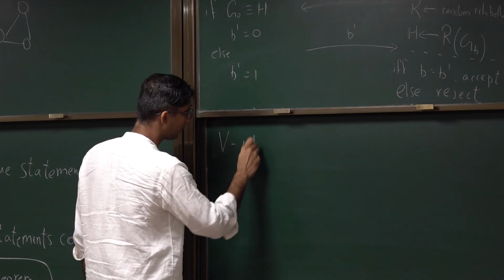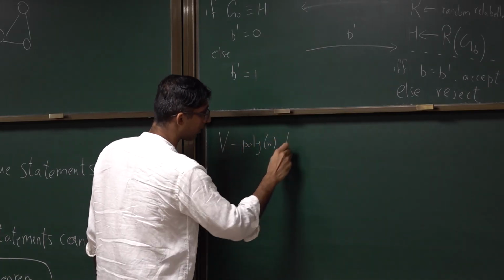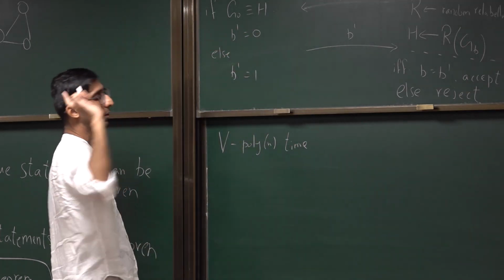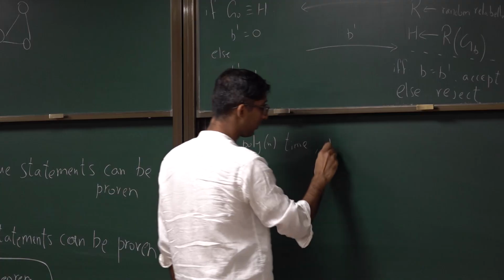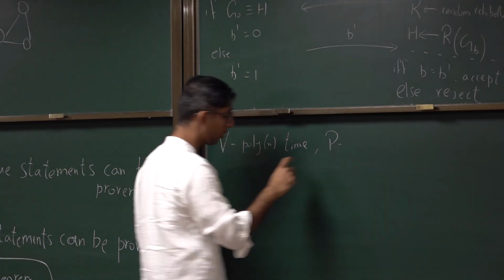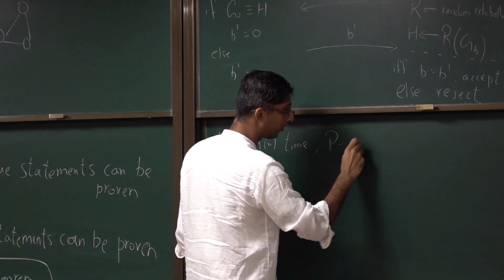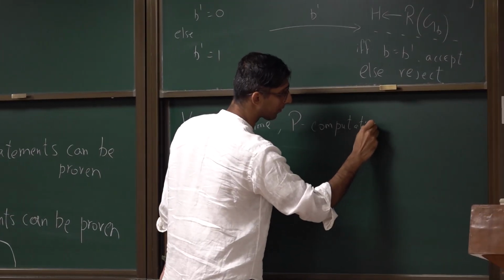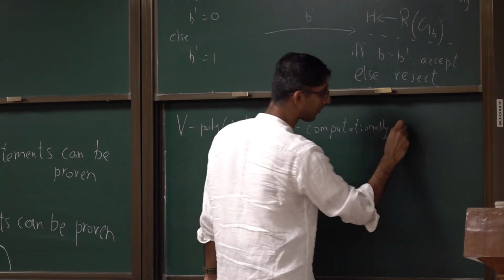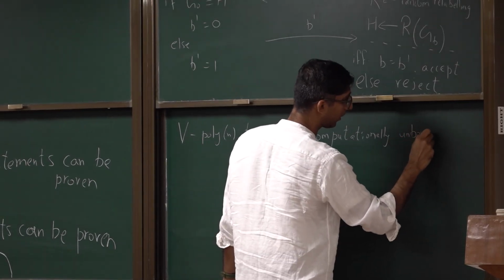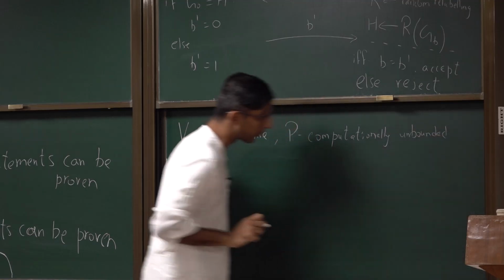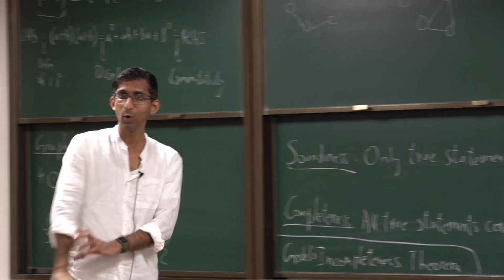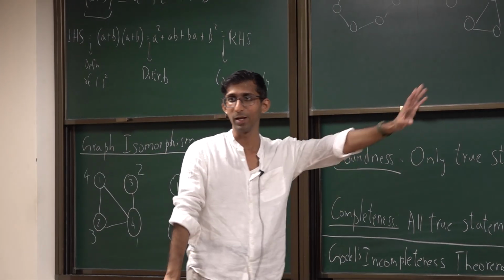We would like the verifier to be, and I'm going to use V for the verifier and P for the prover from now on, a polynomial time algorithm, but we are not bounding the power of the prover. Now I'm going to take these two properties and formalize them in this modeling of the system.